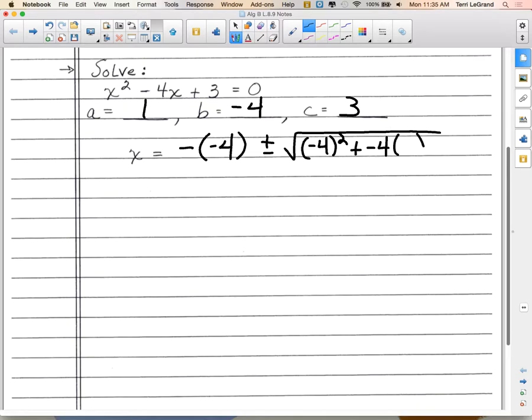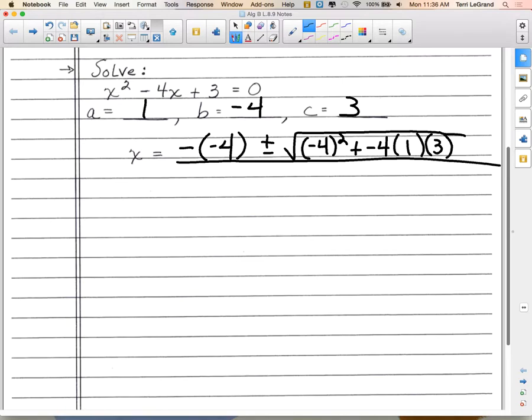And then we take it times our a value, which is 1, and then we take it times our c value, which is 3. So that, you know, sometimes you even have to extend your radical sign even a little bit more if you didn't make it long enough. So all of that is in the numerator. We need a fraction bar, a long one, all the way underneath that numerator.